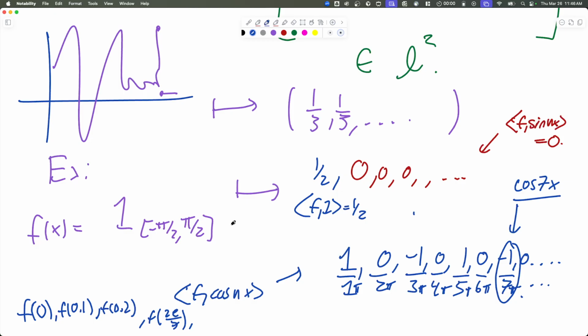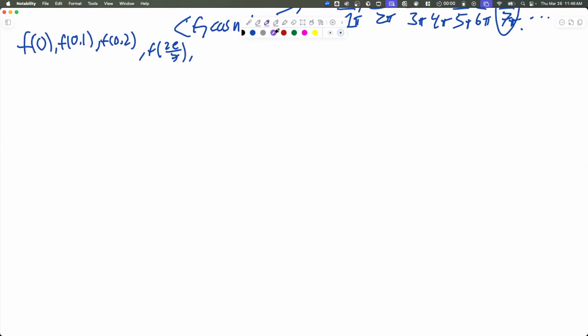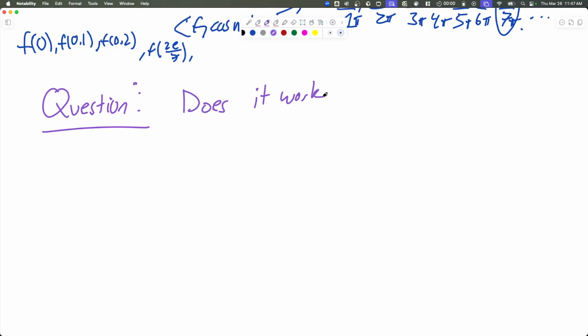Okay, there is one thing that should bother you, is I've told you how to crunch the function down into here, but does it actually work the other way? So question, this is an open question we have not resolved yet. Does it work in reverse?